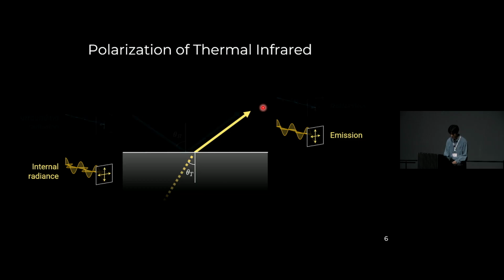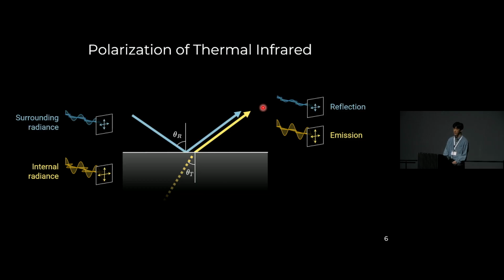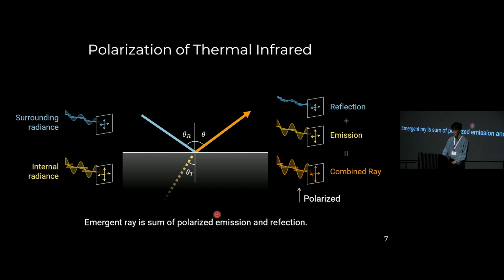In reality, we can't ignore reflection because everything around the object is also emissive, and this environment light is reflected by the target object surface. So the observed light is a combination of polarized emission and reflection, and its polarization state can be related to the surface orientation.